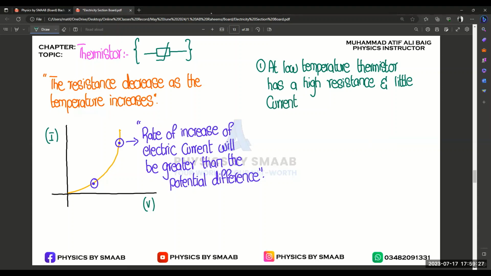Are you getting the meaning of this statement? Can you explain? This one I'm writing.